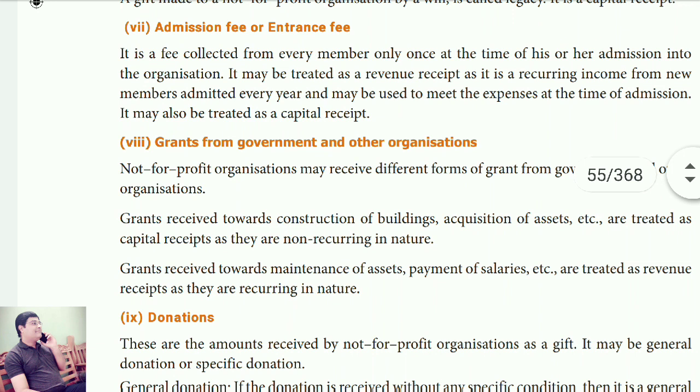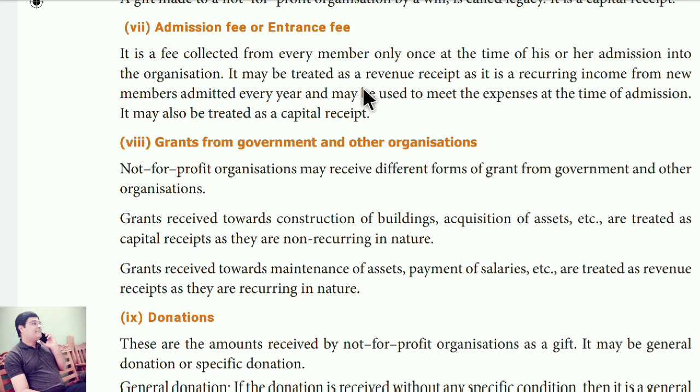Next one, admission fees or entrance fees. What is the meaning of admission fees or entrance fees? It is a fee collected from every member only once at the time of his or her admission into the organization. Whenever they are admitted, they have to give admission or entrance fees.